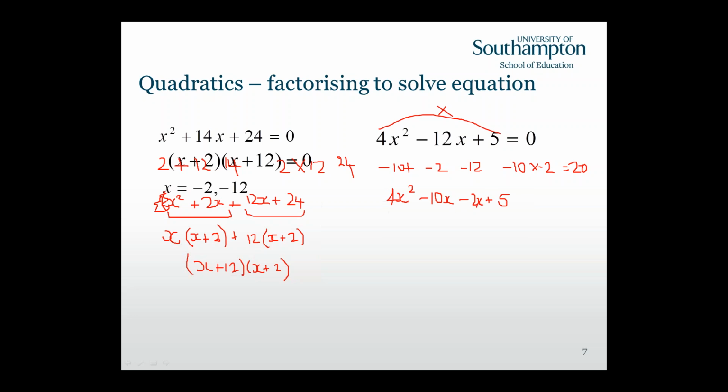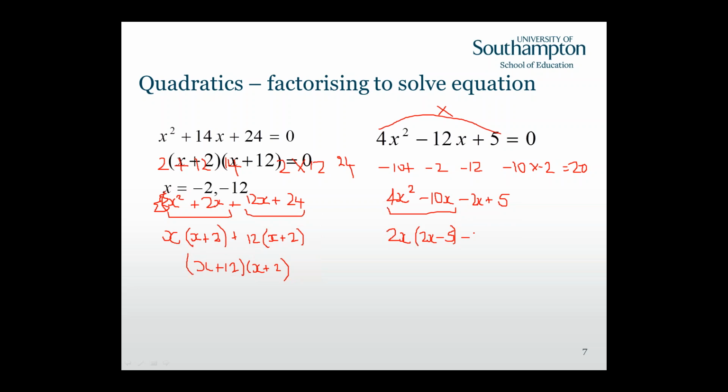If I put the 2x first then 10x, I'm just going to get the brackets the other way around, that's all. So I look at the first bit. I can take out, and this way they also have to remember their basic math, a factor of 2 and a factor of x, and I'm left with 2x minus 5. And then I look at this bit here. Did I make a mistake?